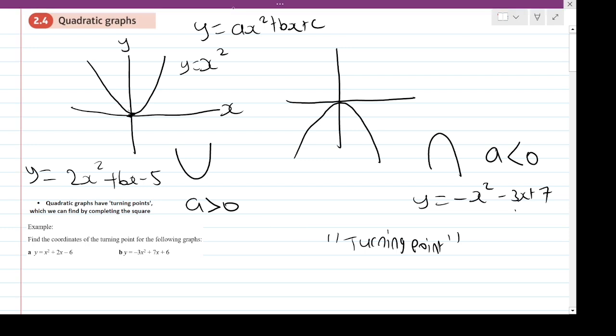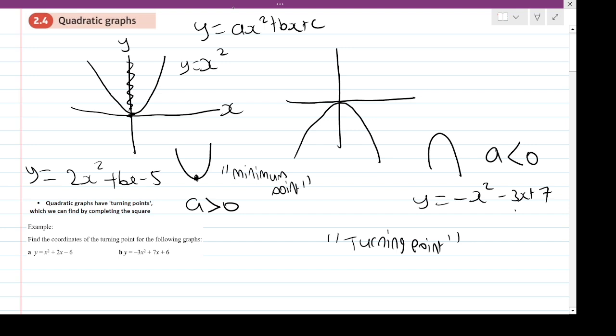But actually, we can be a bit more specific with this. Again, let's take our positive case here. This is actually specifically a minimum point in this case. If you think about the graph here again, that is the minimum y value, right? That's the smallest y value you get from the curve, from the function.